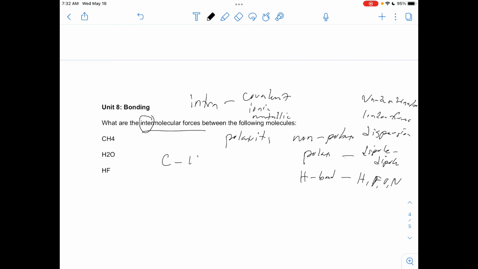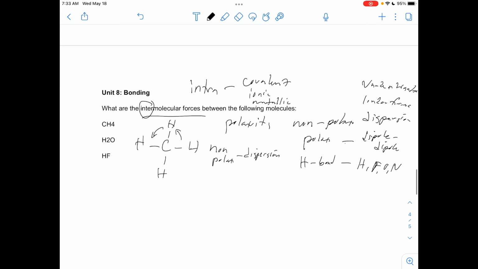So looking at these, if I were just to draw methane real quick, notice that it has rotational symmetry. If I rotate it 90 degrees, it's the same thing. And so it is nonpolar, which means that it would have dispersion forces. If it has rotational symmetry, dispersion forces.